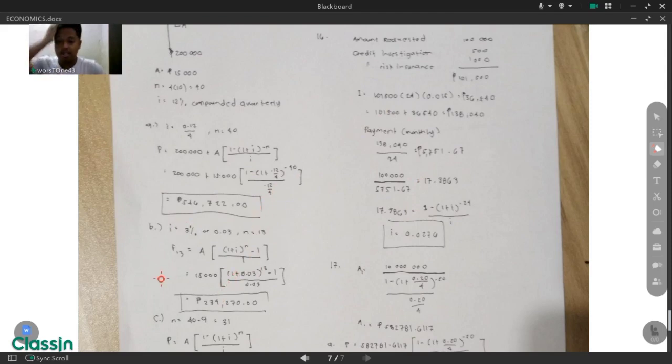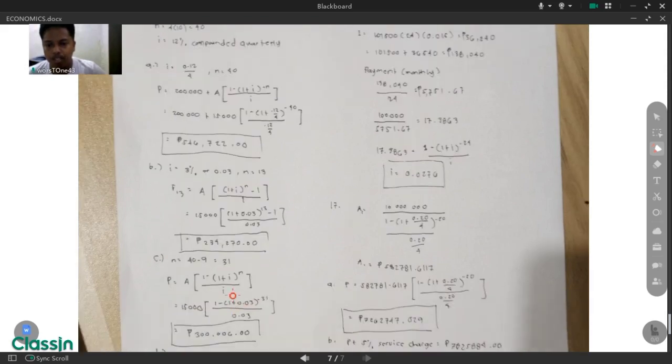So if he missed the 12, we have the future worth at the 13th payment equal to A, 15,000, times ((1 + 0.03)^13 - 1)/0.03. It's the same as the first one, but our exponent here is 13, and it's positive since we're finding the future value. This is the formula for the future value.